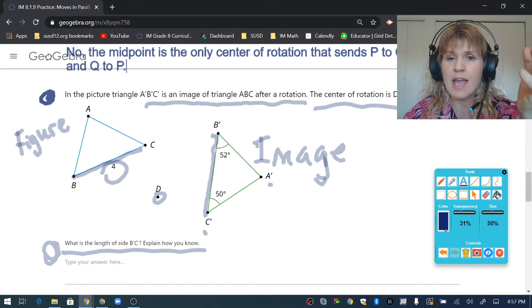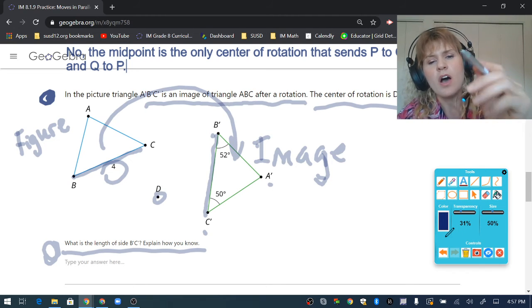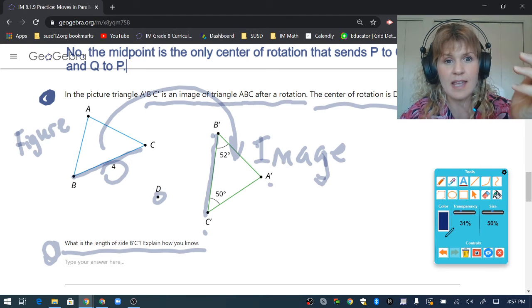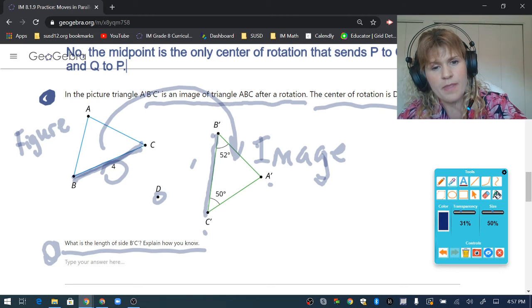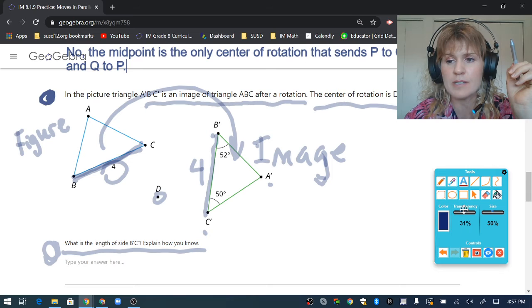The lengths and angles do not change in a rigid transformation like a rotation. So when this triangle is rotated, all of the angles and side lengths stay the same. If BC is equal to 4, then B prime C prime is also equal to 4 units.